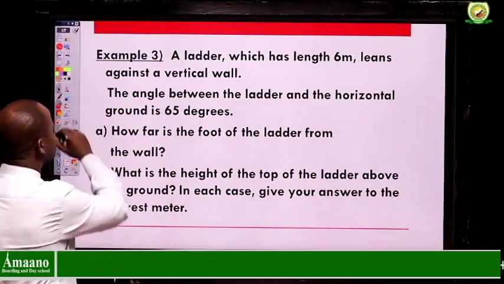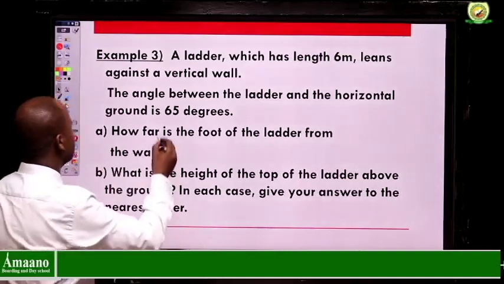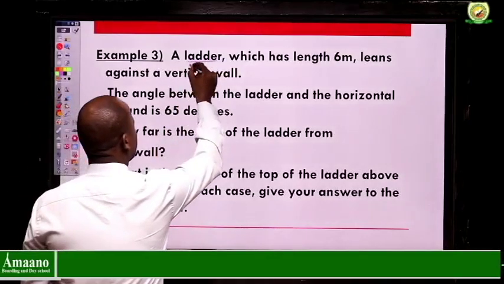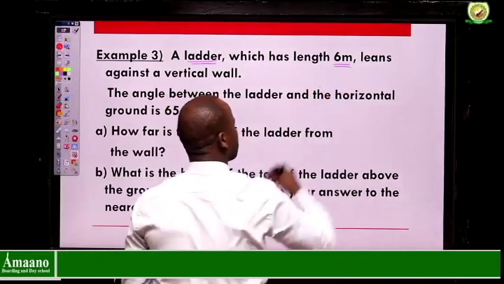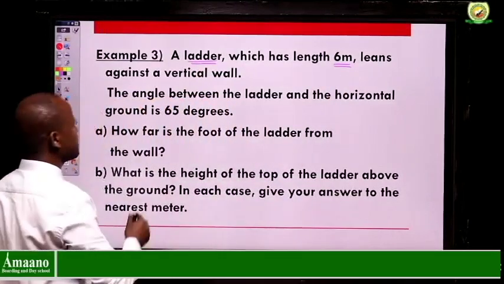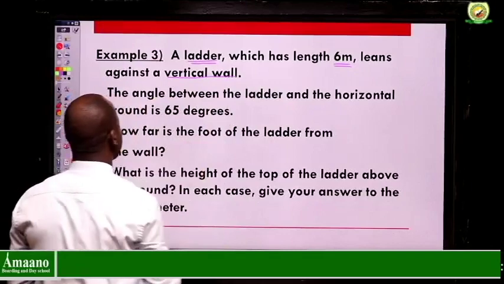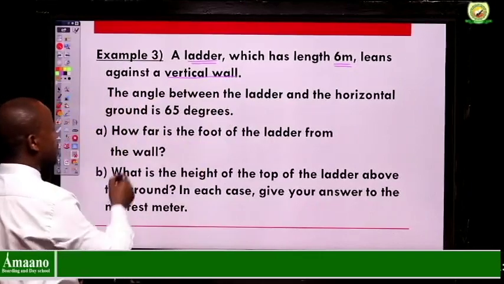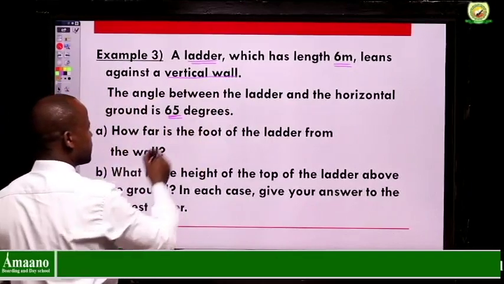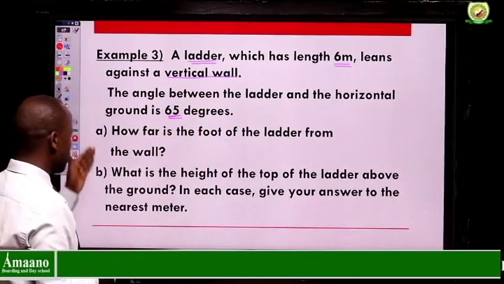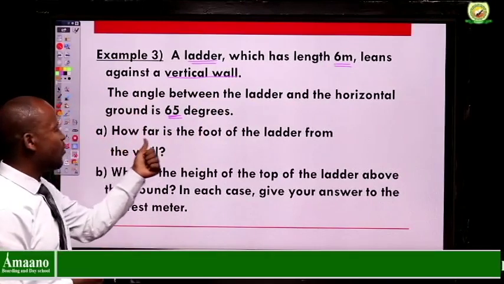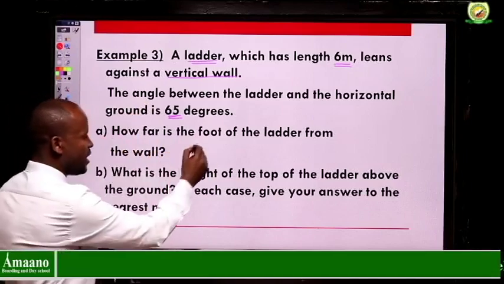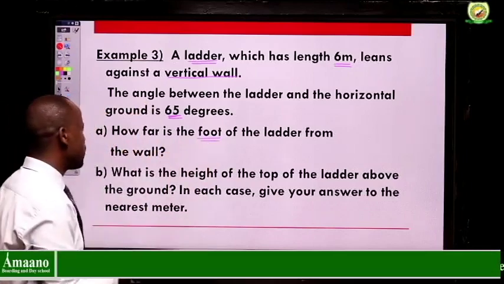Okay, the question says a ladder which has length 6 meters leans against a vertical wall. The angle between the ladder and the horizontal ground is 65 degrees. We have two questions. The first: how far is the foot of the ladder from the wall?